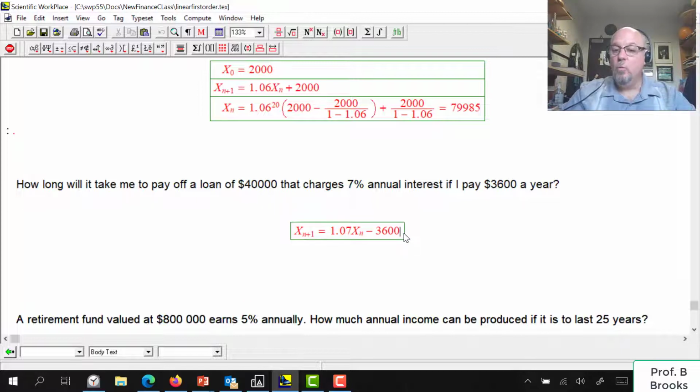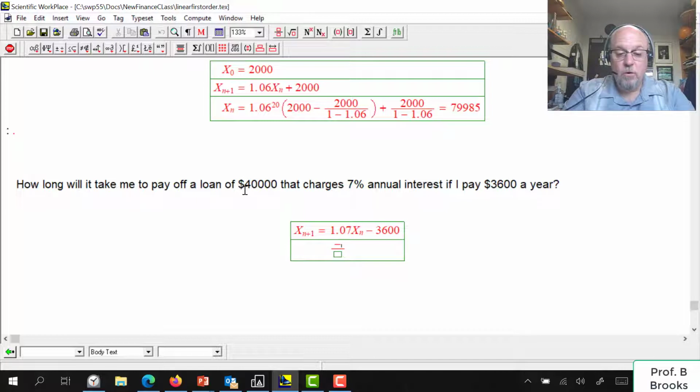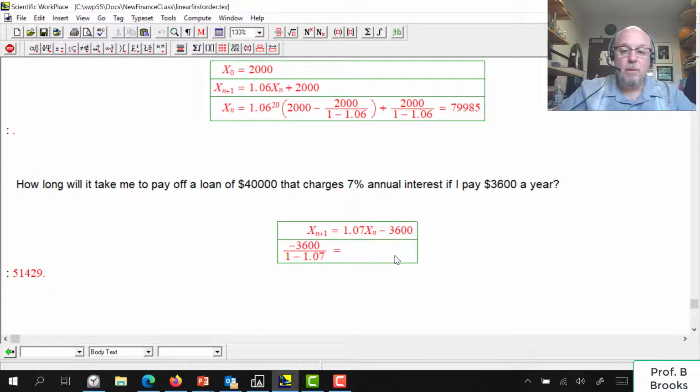So in this case, there actually would be an equilibrium. Now that equilibrium should be B over 1 minus A. So B is negative 3,600, over 1 minus A. If I were to solve this, yeah, that's an equilibrium amount.